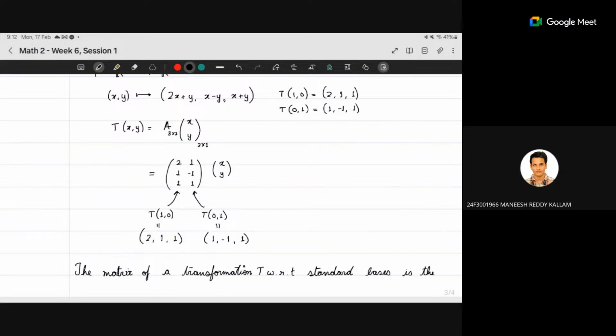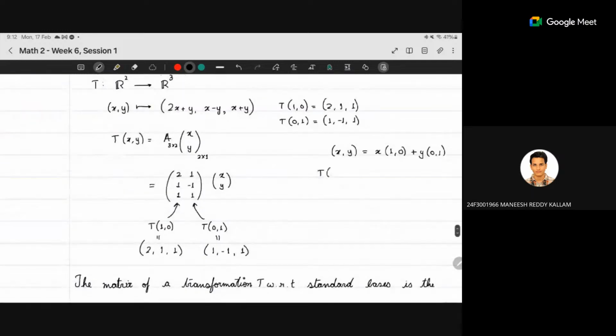For now, take it as a definition that the matrix of a transformation is the matrix obtained by specifying the columns as the images of the standard basis vectors. If I take an arbitrary (x, y) in R2 to R3, this can be written as x(1, 0) plus y(0, 1). So T of (x, y) becomes x times T of (1, 0) plus y times T of (0, 1).